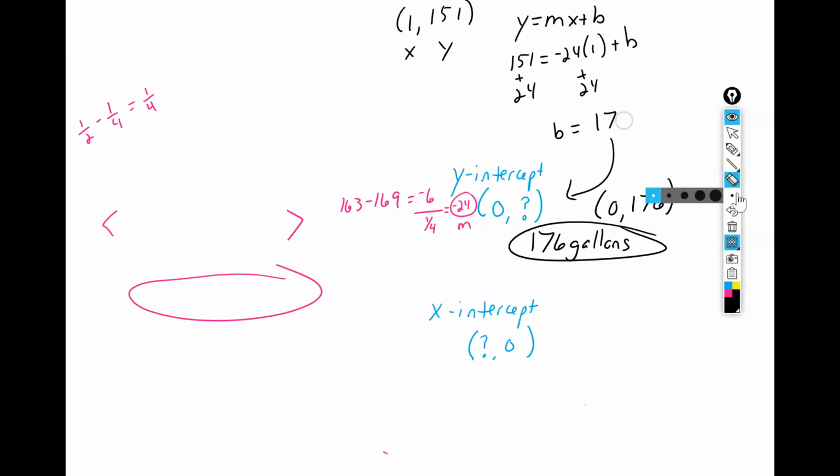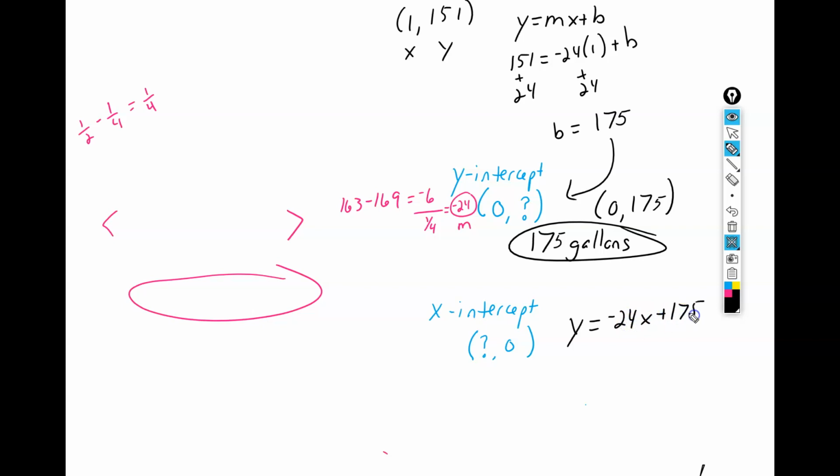Actually, 175. 175 gallons. Not 176. 175 gallons.